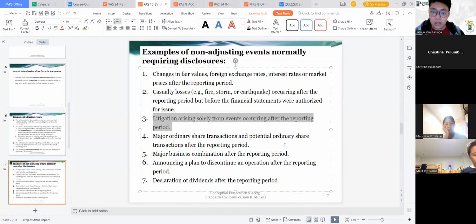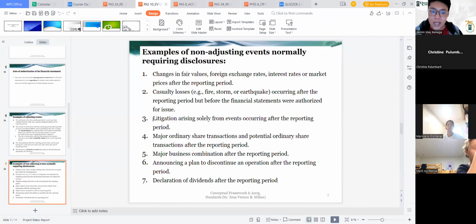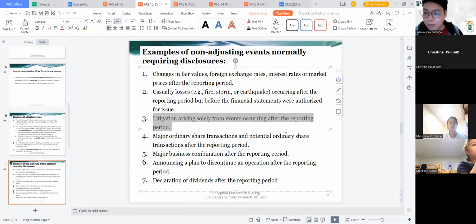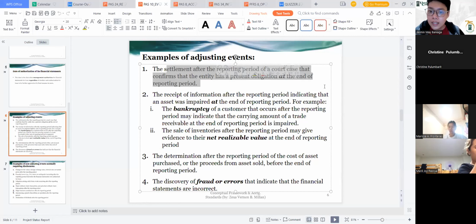Number 3, litigation arising solely from events occurring after the reporting period. This is totally different from sample number 1 a while ago for adjusting events. Because as you can notice here for number 3, the said case arise after the reporting period. So it's non-adjusting event. Okay? A while ago, as you can see here, only the final verdict or the final settlement of the said case happened after the reporting period.